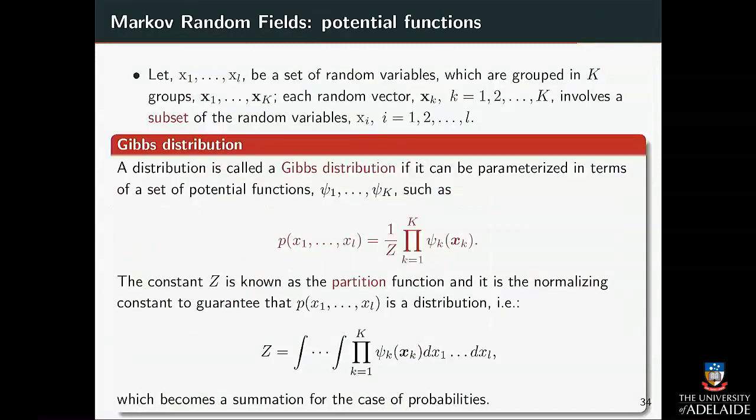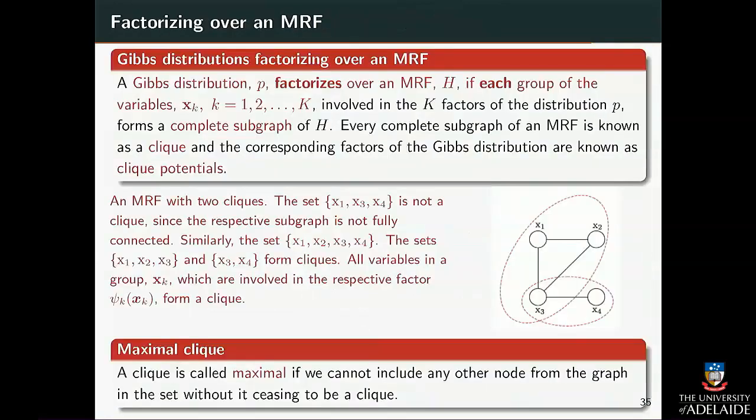So there are certain vectors of variables here, and they form what we call a clique, a complete subgraph of the graph. Here in this example, you can see that there is this clique and there is this clique. In particular, a maximal clique is a clique where we cannot include any other node and still have a clique. So this is not a maximal clique, because we can always add one of the other nodes and have a bigger clique.